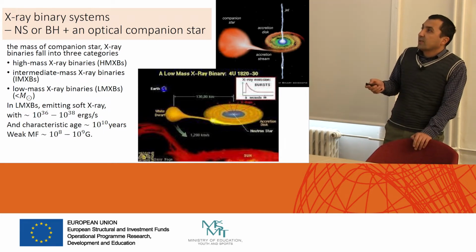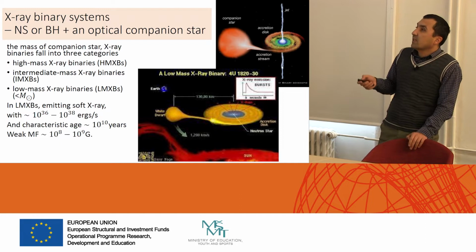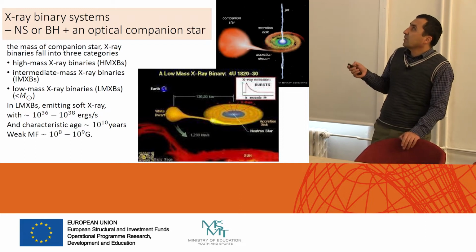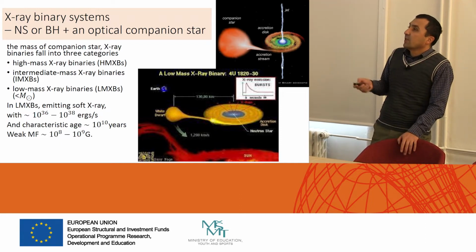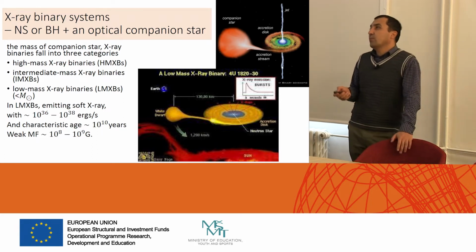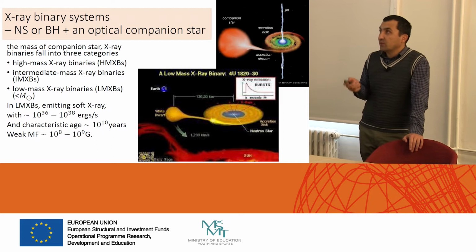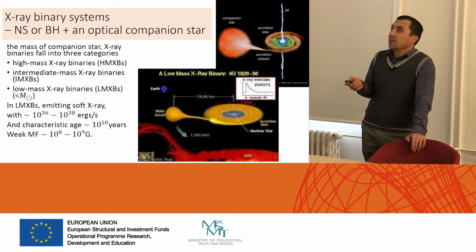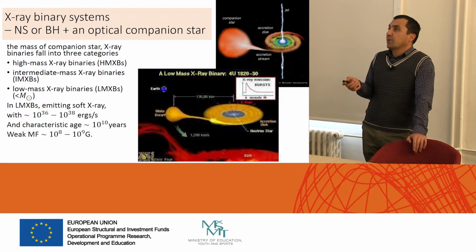The X-ray luminosity of the accretion disk around the central object is about 10 to the power 36 to 10 to the power 38 ergs per second.